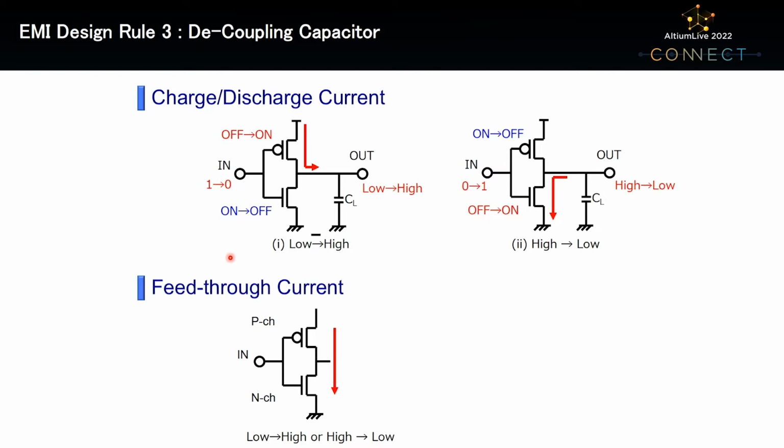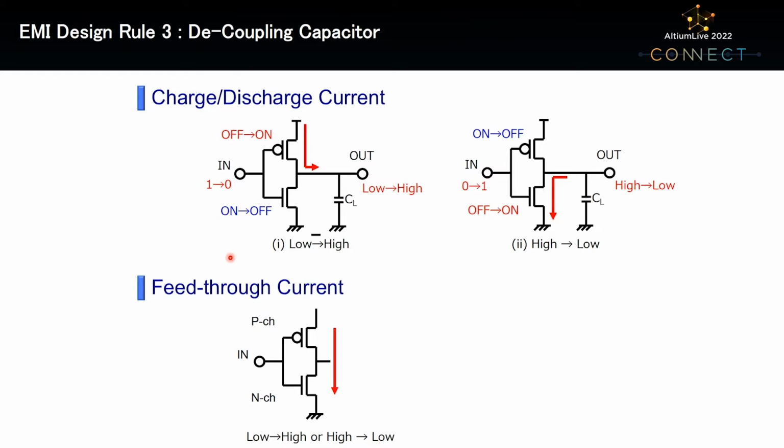And when the signal becomes from high to low level, current flows from the signal trace to the ground pin of the driver IC. When the signal operates, it flows between the power and ground as a noise source in this way.